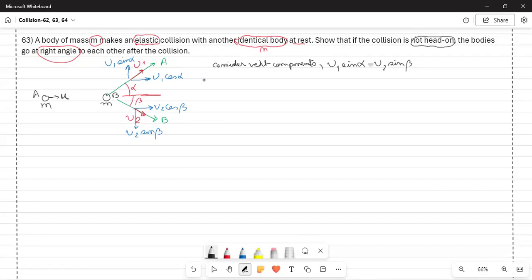And considering the horizontal components, we find m into u, the initial horizontal velocity, the velocity of the second body was 0, is equal to m v1 cos alpha plus m v2 cos beta.